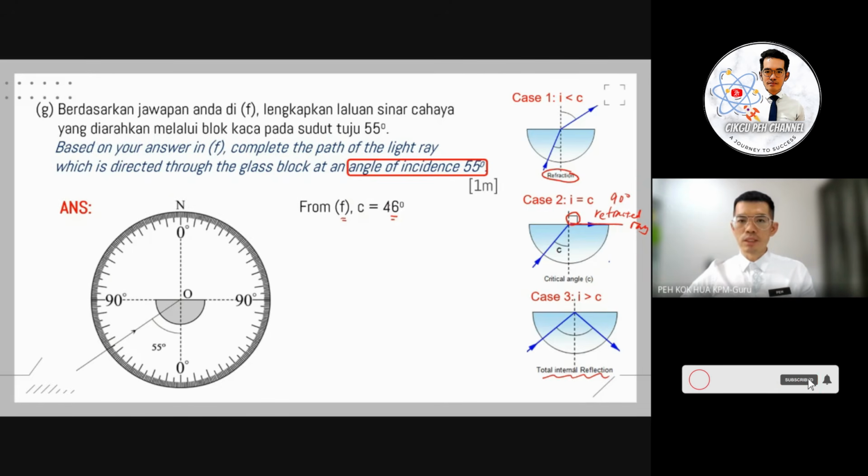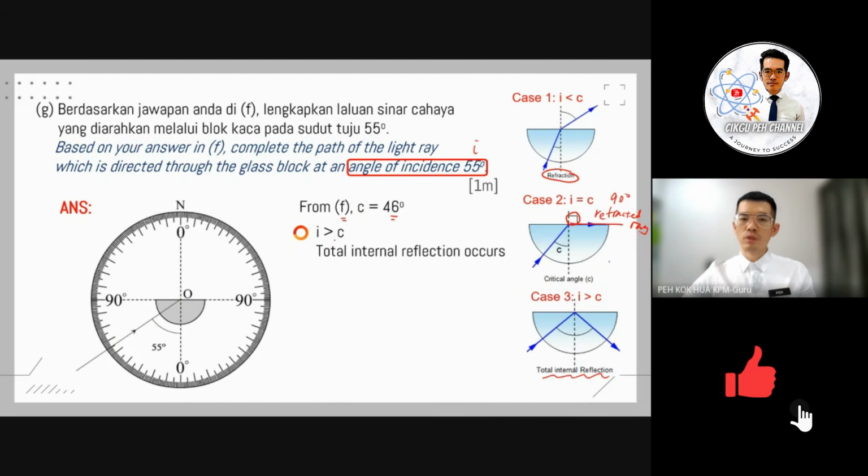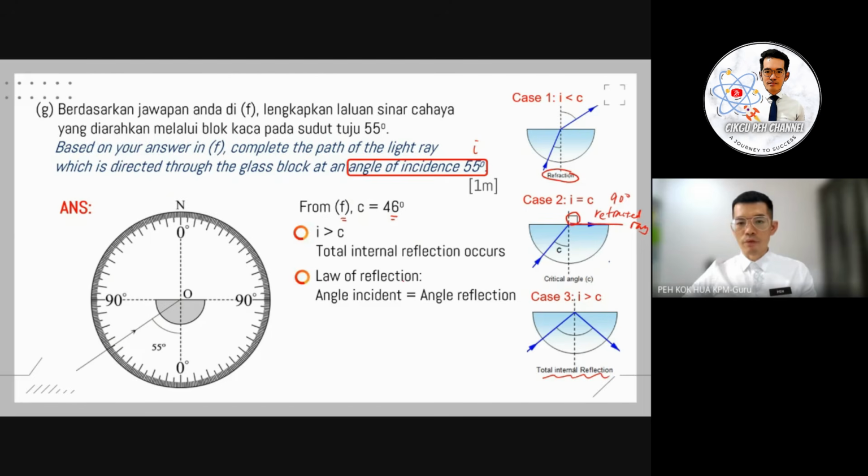Here you can see the incident angle given is 55 and the critical angle we get is 46. So we know that total internal reflection will occur, because our i is greater than the C I calculated just now. Second, you need to apply the law of reflection, where the incident angle here is 55, so the reflection angle here will also be 55.